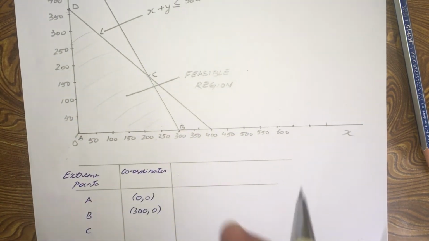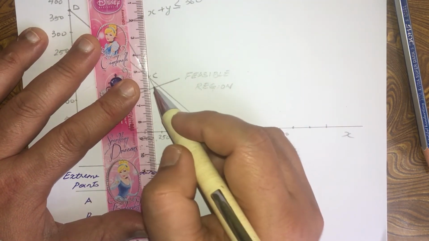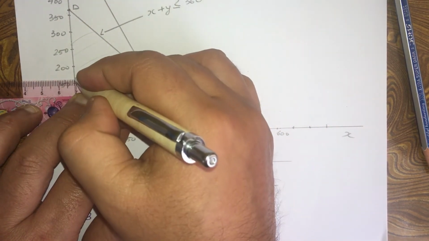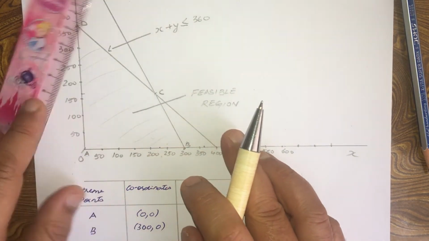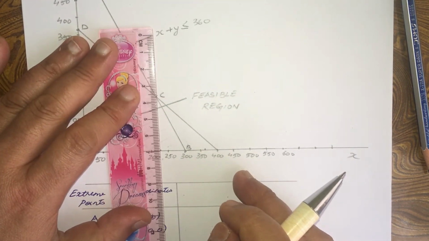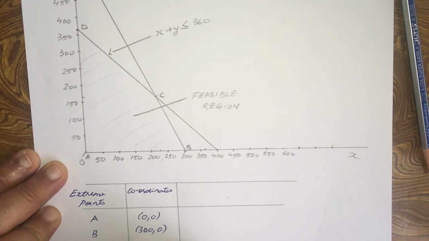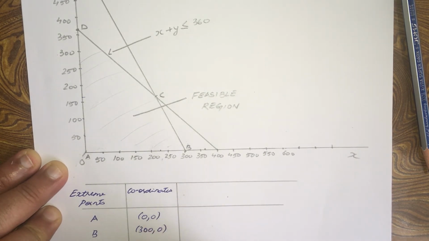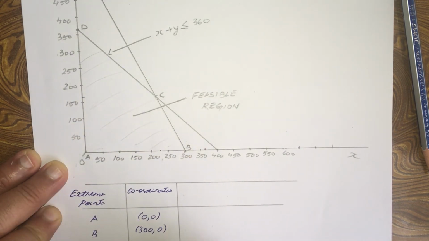And C, now what is C? We have to find out what C is. I think C is 240 and this one will be 160.